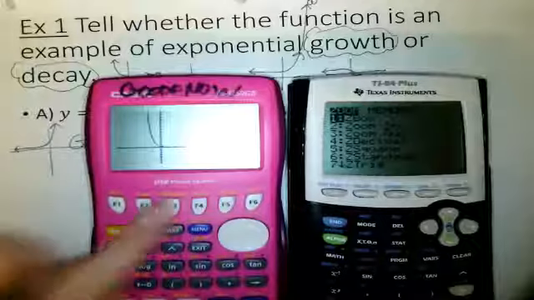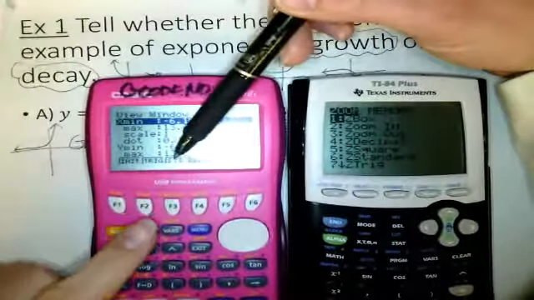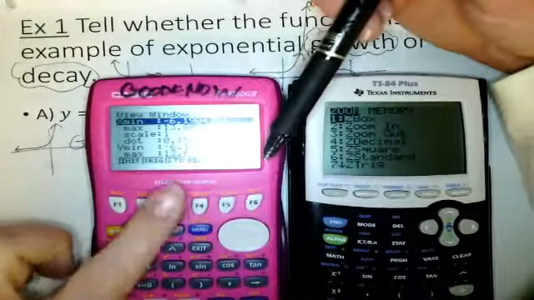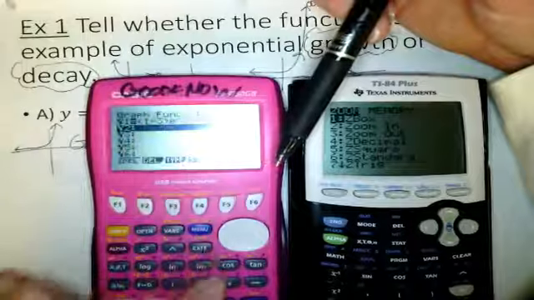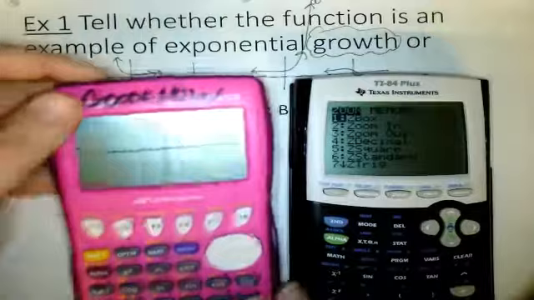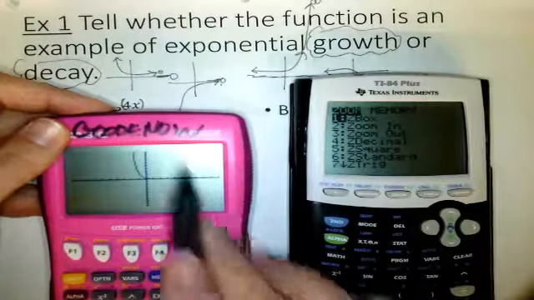On the Casio, we have a very similar thing, and you would do viewing window. V-window is yellow, so we do shift viewing window. And this one right here in the middle is standard. And you would just reset it to a standard window and exit and draw, and it'll take you to a regular window, okay? And regular being -10 to the left, 10 to the right, 10 up, 10 down.